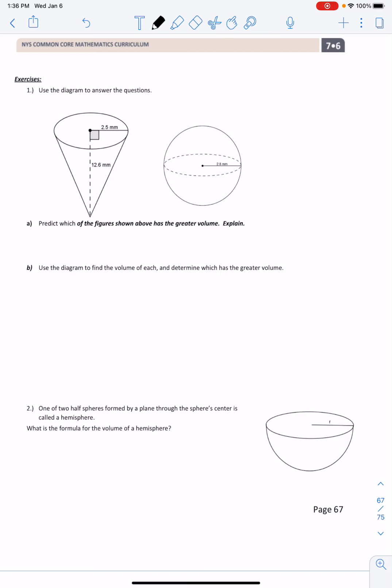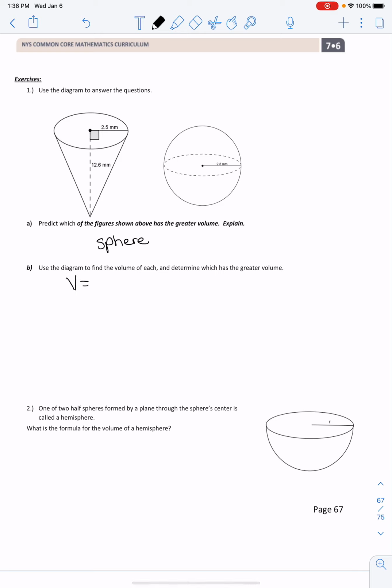So now it says use the diagram to find the volume of each and determine which has the greater volume. Well, okay. So let's do the cone first.